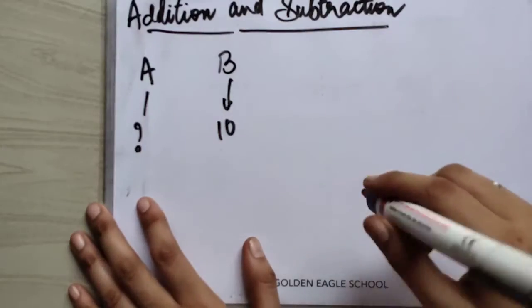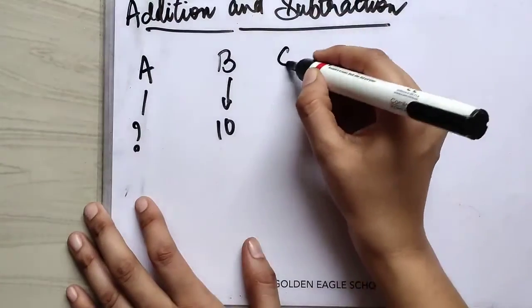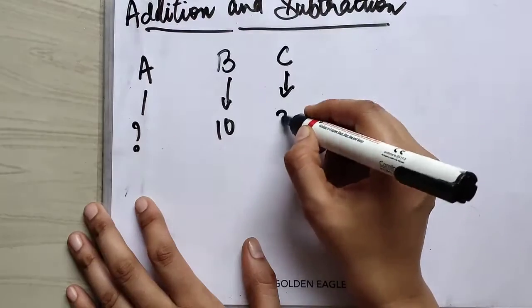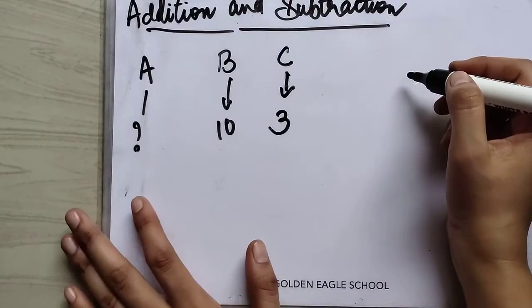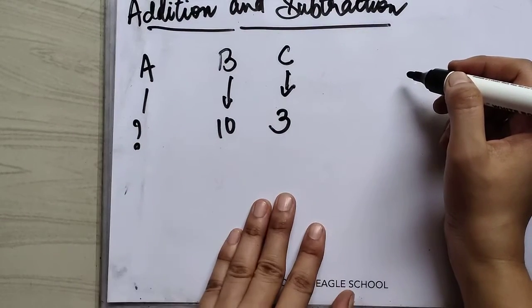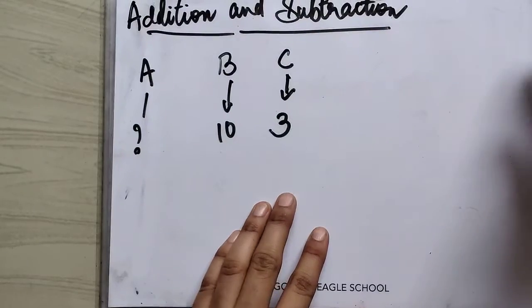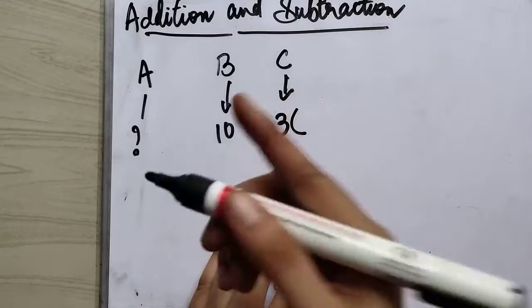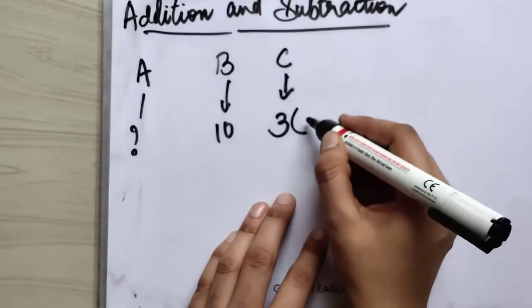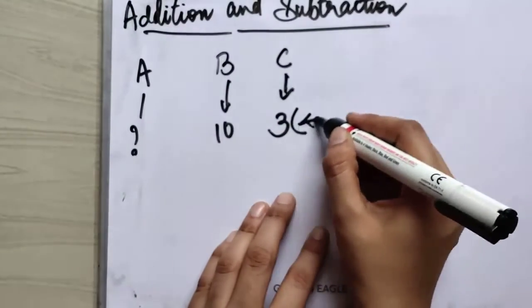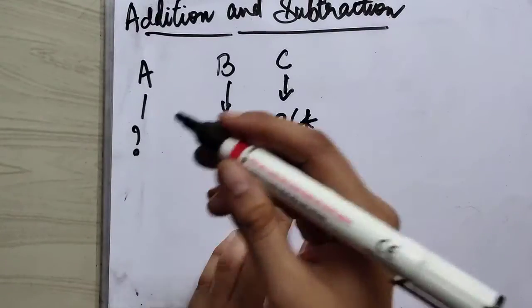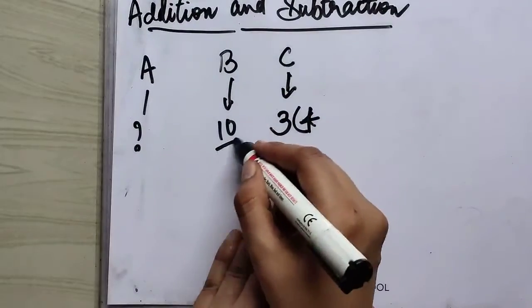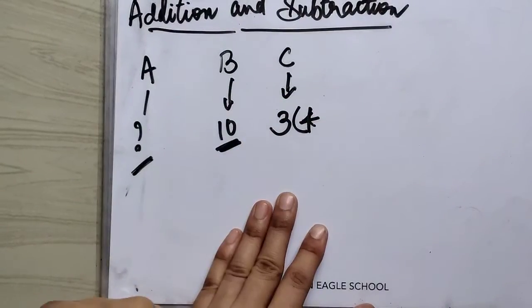Now person C has 3 marbles more than the number of marbles A and B together have.